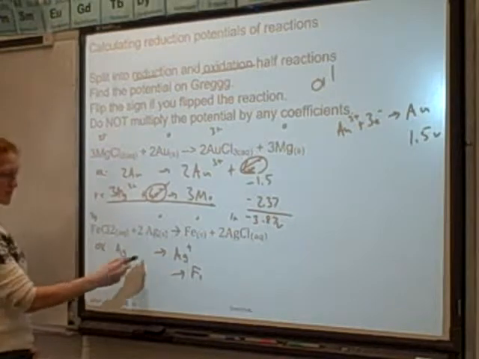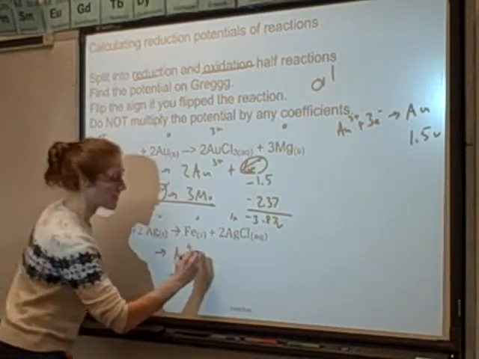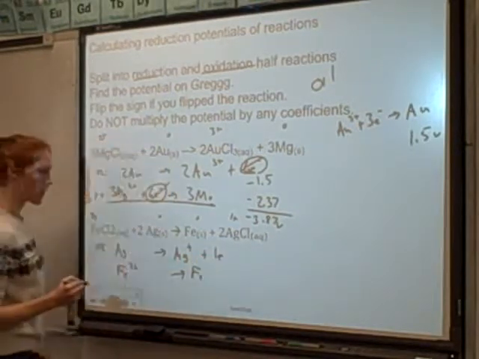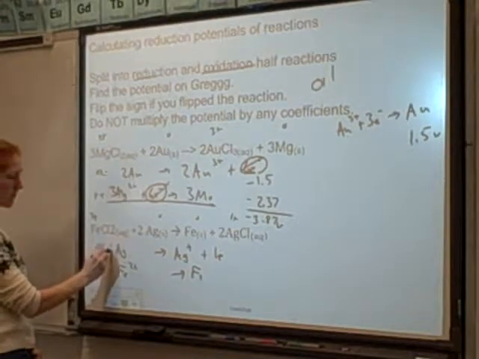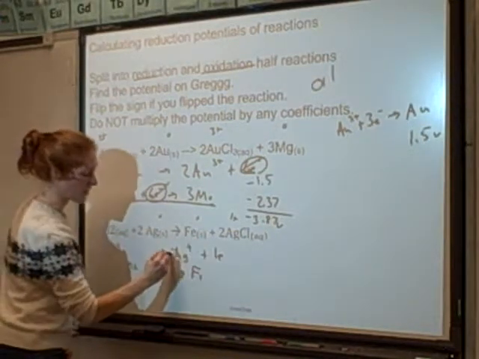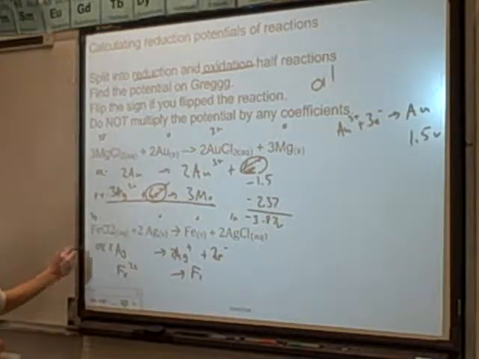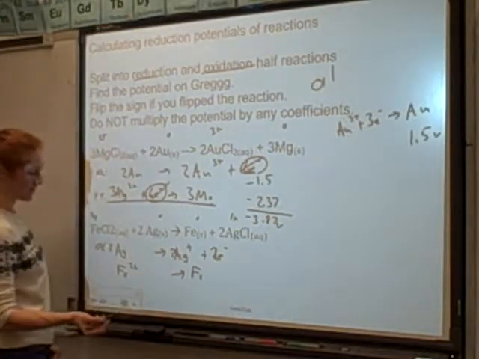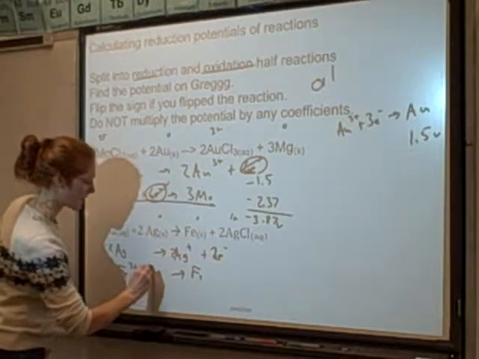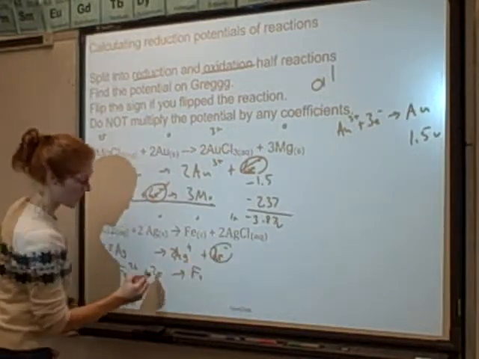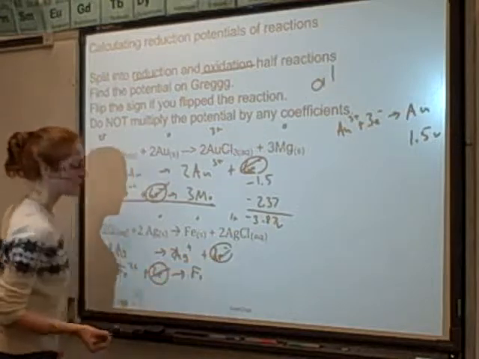All right, so to balance this, I've got a 1+ on this side. Okay, and I can actually say I've got 2 silvers, making 2 silver ions, so I'm going to need 2 electrons. And I also have iron as a 2+, becoming iron as a solid. So I'm going to need 2 electrons here. I started with a balanced equation, so the electrons were balanced too.